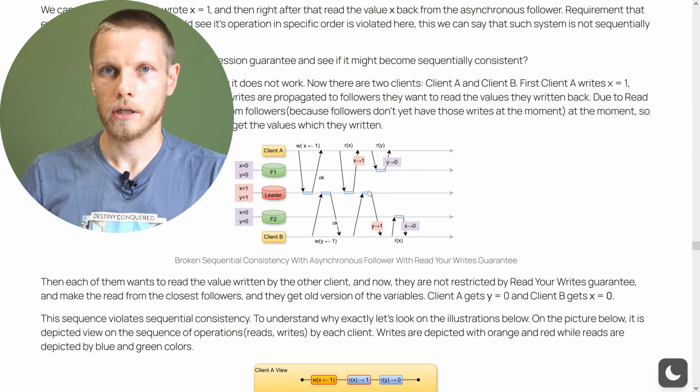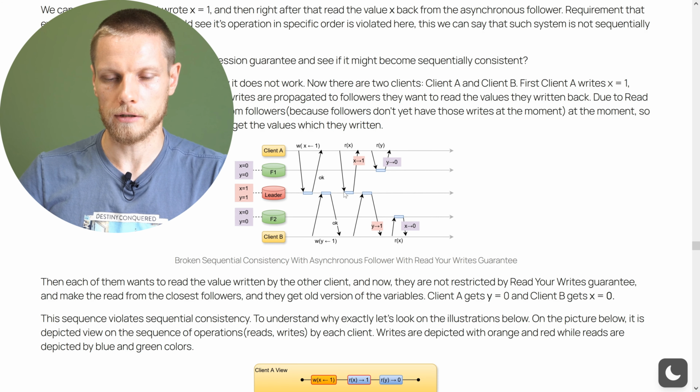because we now say that our system provides the read your writes guarantee, and if those writes are not yet propagated, then the only way to achieve read your writes is to read from the leader. Then client A would read Y and get 0, because by default it reads from a follower.